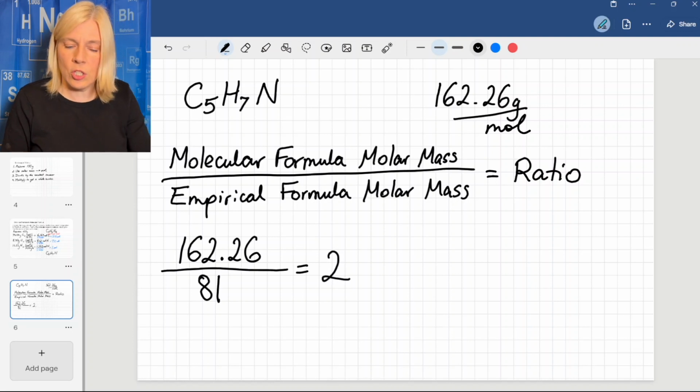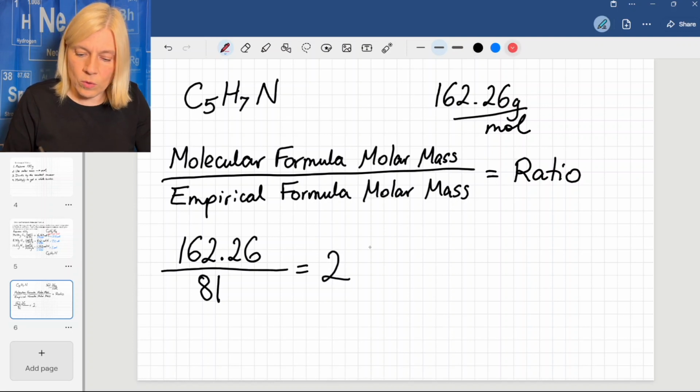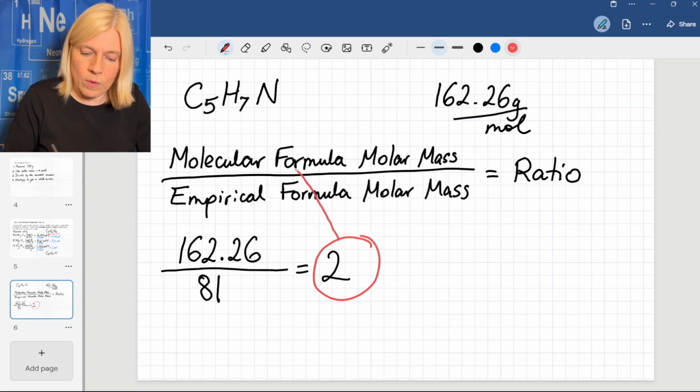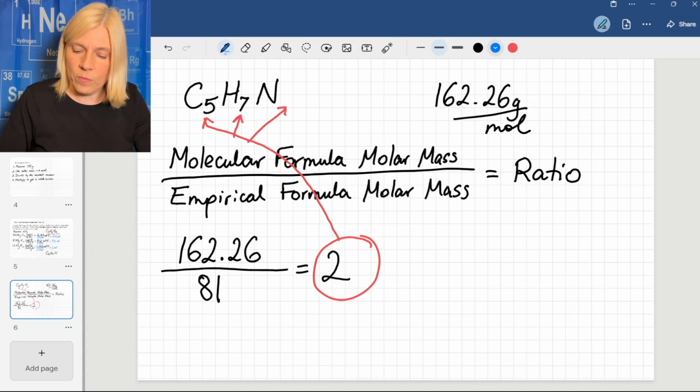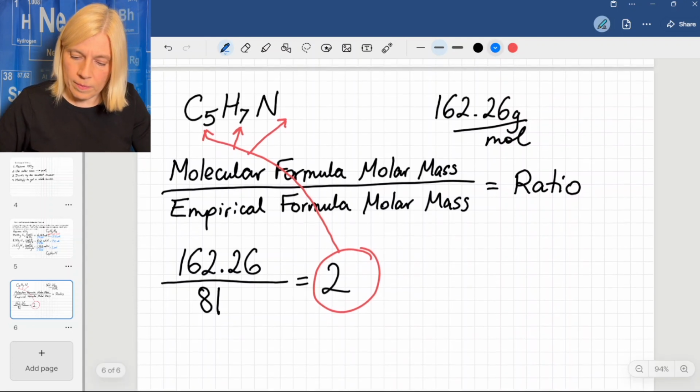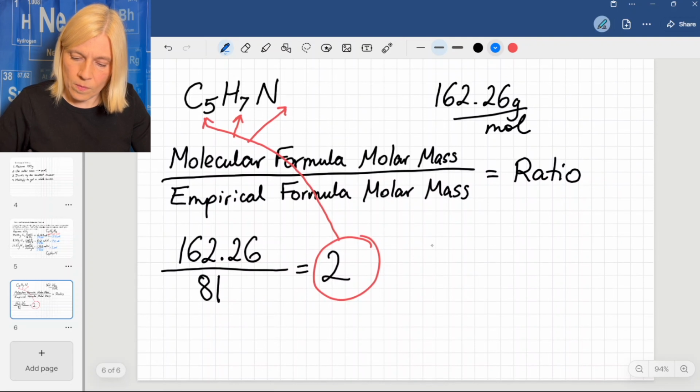Now, that's my ratio. I'm not done yet. I'm going to take this 2 and multiply all of my subscripts. So now, the formula for nicotine is C10H14N2.